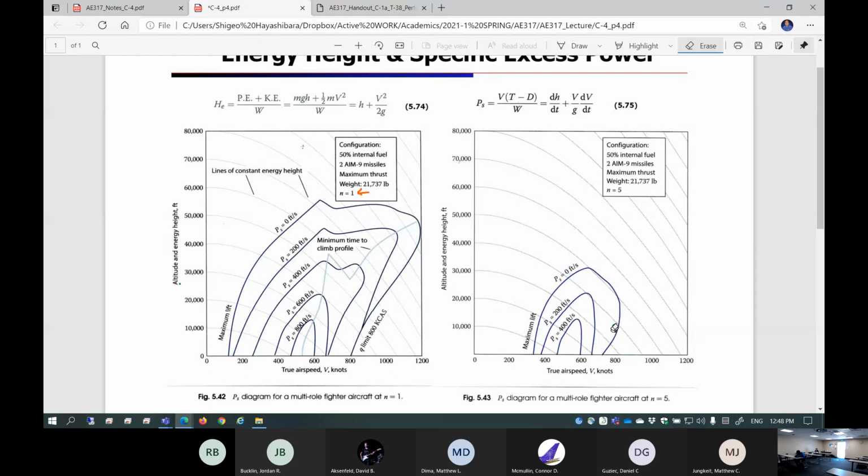That's right. So right here, correct? So 1200 true airspeed, KTAS, with the corresponding altitude right here. It's like 45,000 feet.